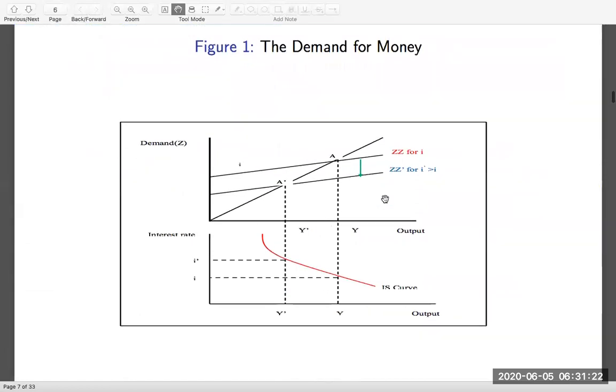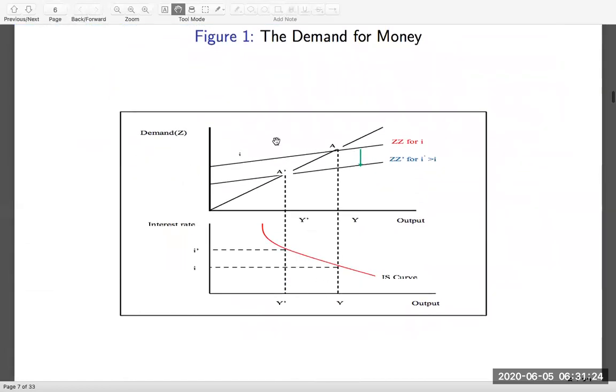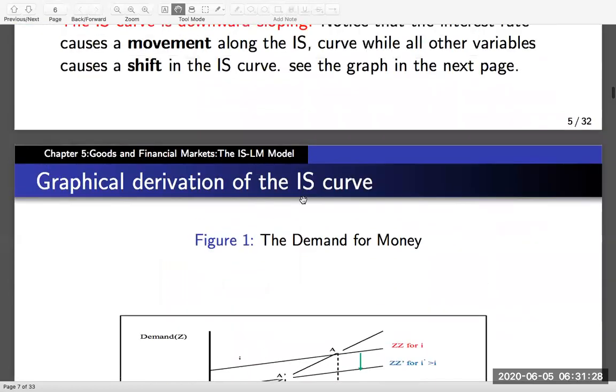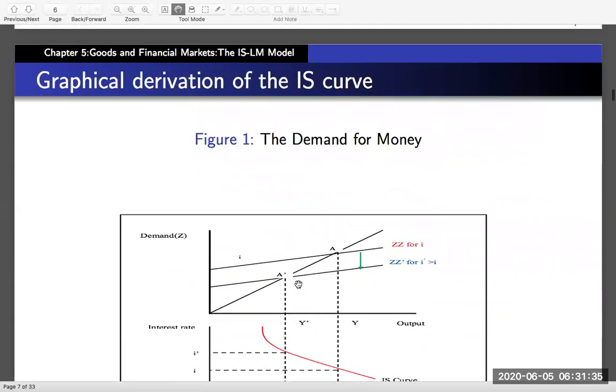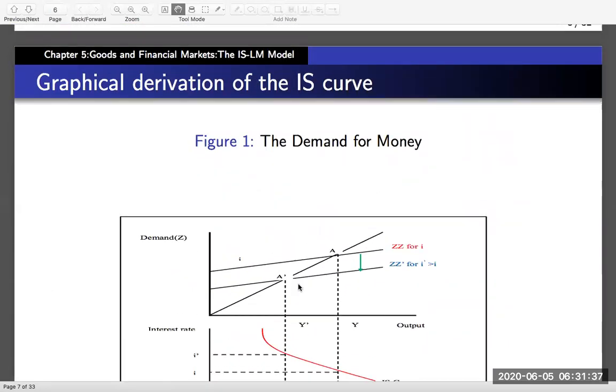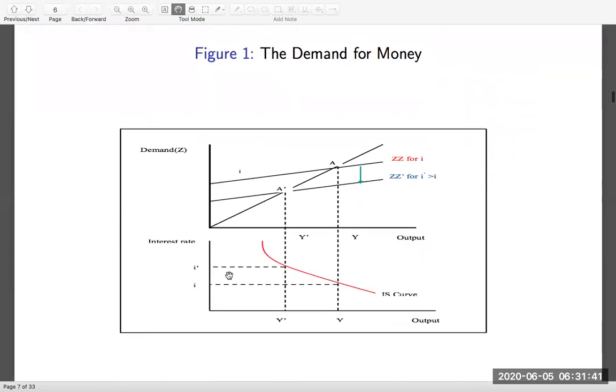So here then is how we derive our IS. This is already in the book, so please do read and understand. So if you increase government spending, the IS will shift to the right, and the interest rate will increase. Now, notice that if you increase government spending, IS will shift to the right, that is correct, and what is the interest rate doing? It is increasing.